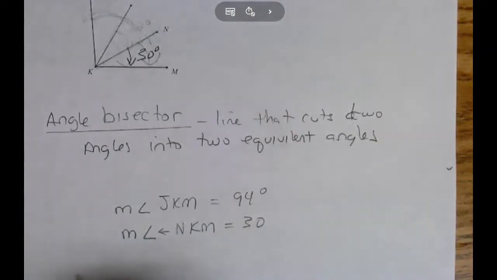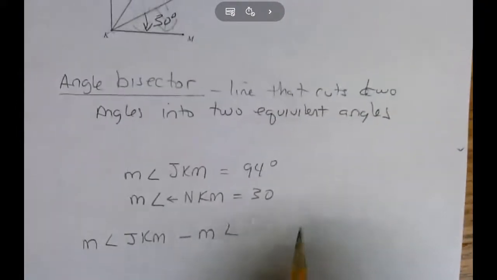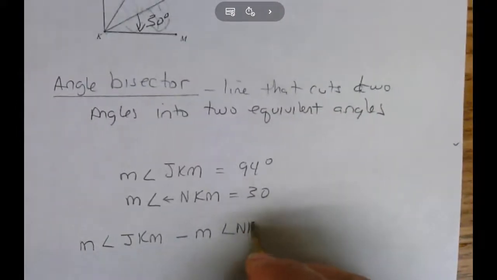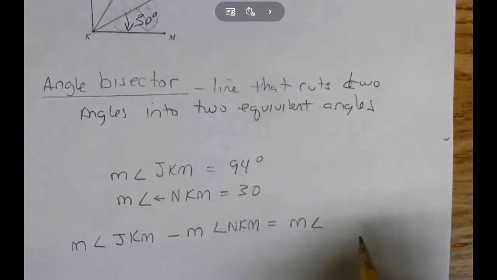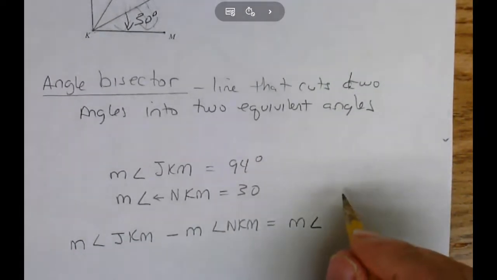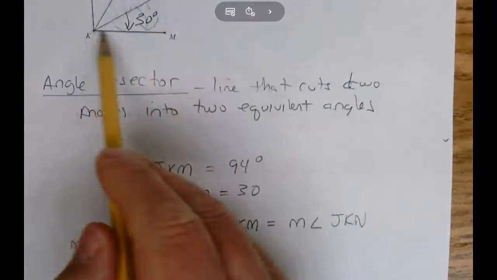So the measure of angle JKM minus the measure of angle NKM gives us the measure of angle JKN, because we're taking this whole angle and subtracting this one out.